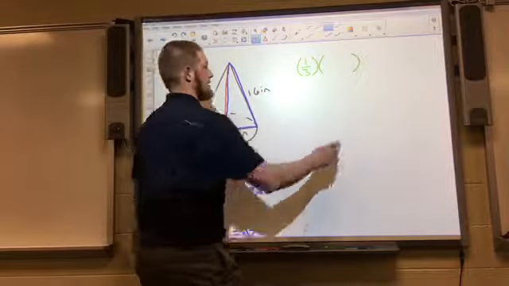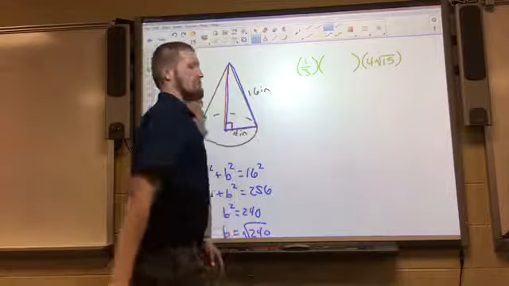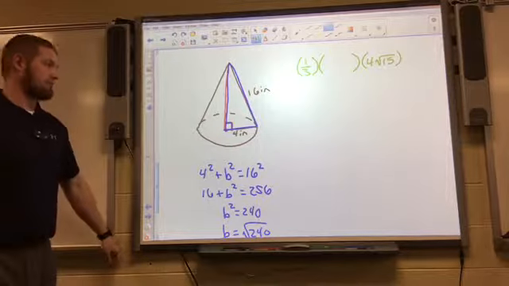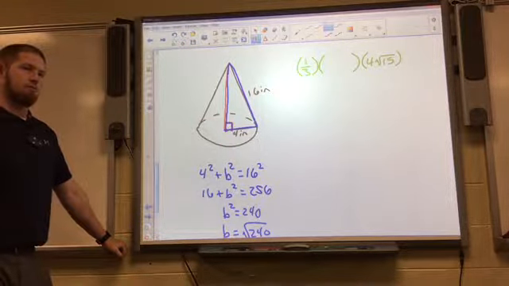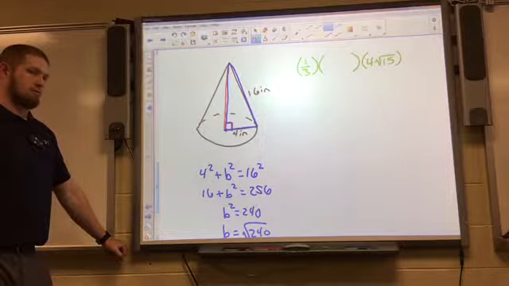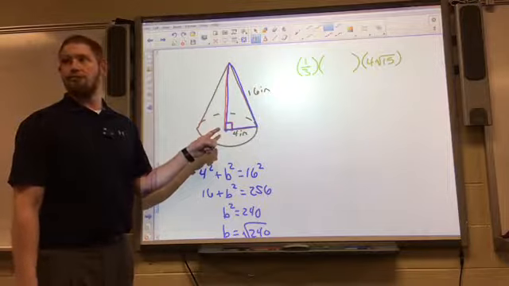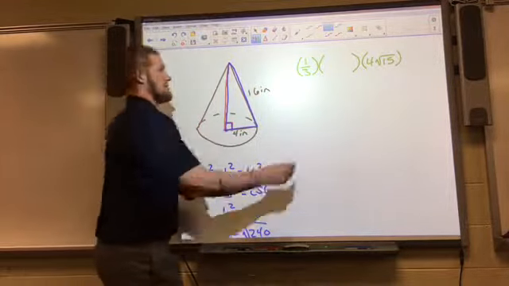So I can plug my height in. 4 square roots of 15. I'm still missing the area of my base, which is what shape, Lainey? Circle. How do you find the area of a circle? Pi r squared. So pi r squared gives me 16 pi.